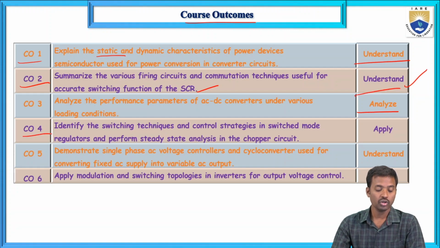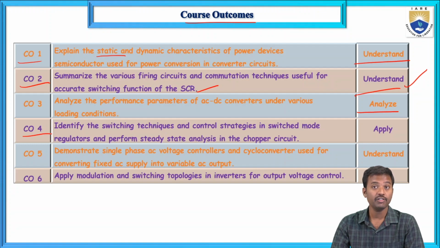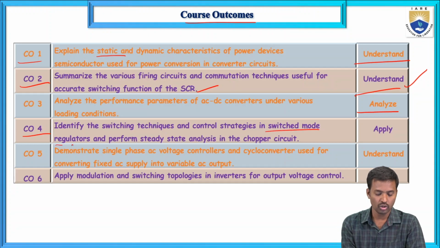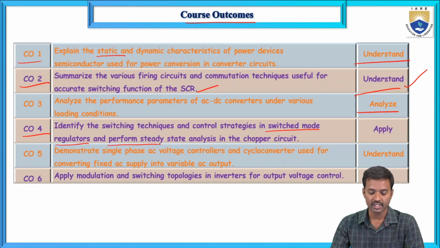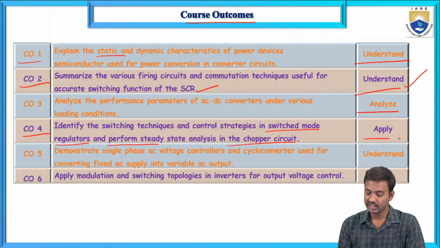Next, the fourth outcome is to identify the switching techniques and control strategies in the switched mode regulator, and perform steady state analysis in the chopper circuit. That is apply, the Bloom's taxonomy level.